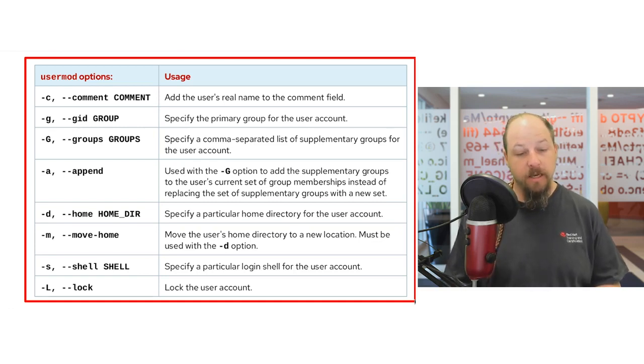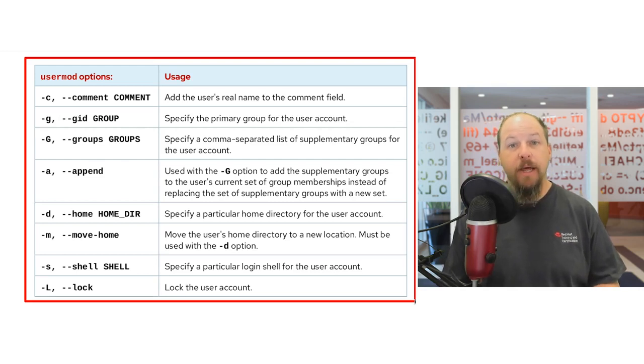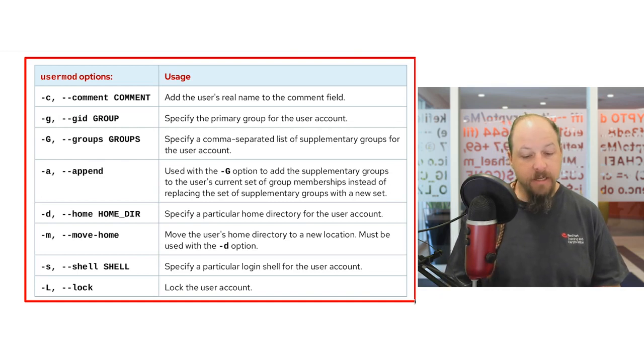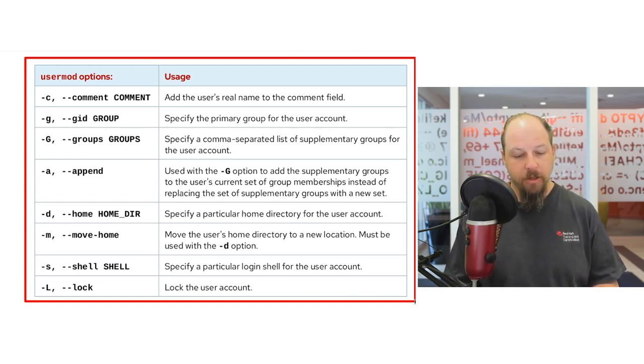Here you can see things like the -c or --comment option, which allows us to update the field for the comment section. This typically includes a username's actual real-life name. A common use for this field is to supply the real name that corresponds to a user account. We can see additional options in order to move the home directory from its default location or even alter the shell with which a user logs in.